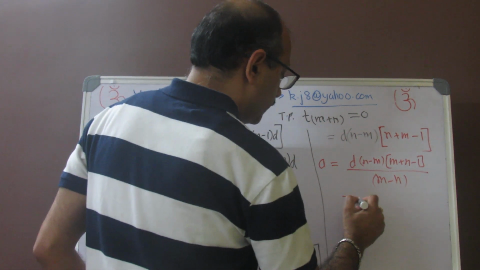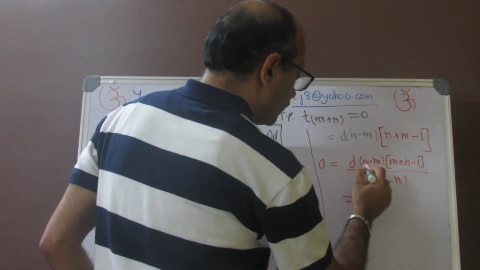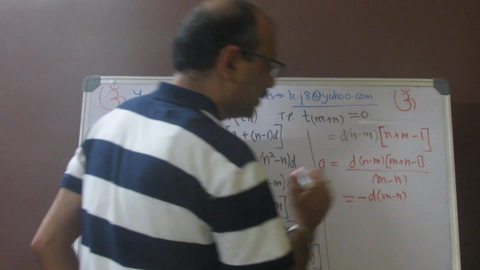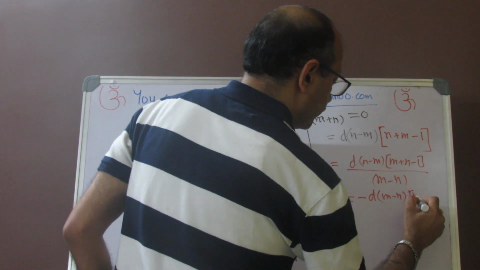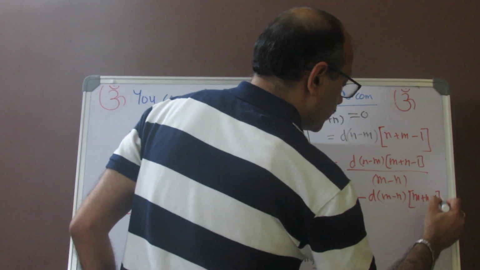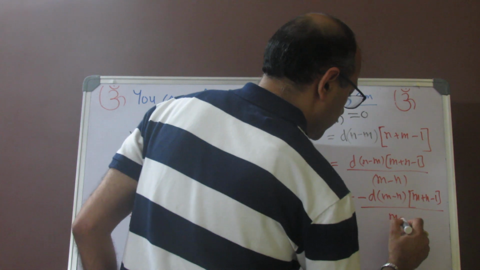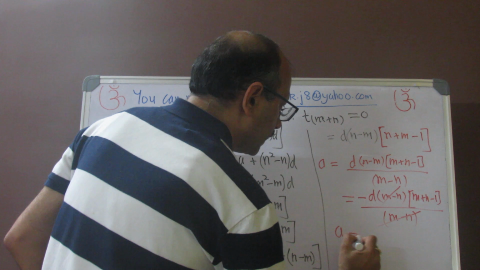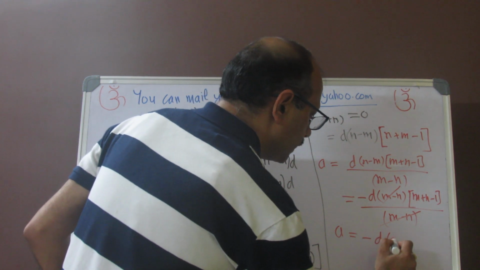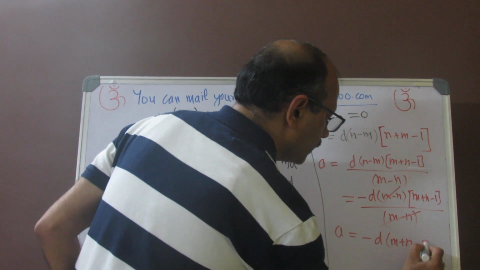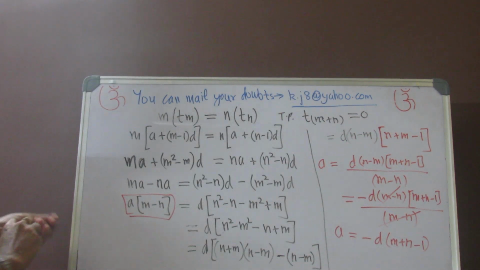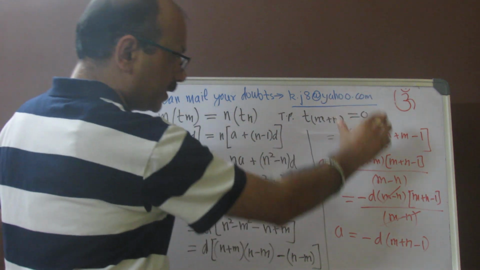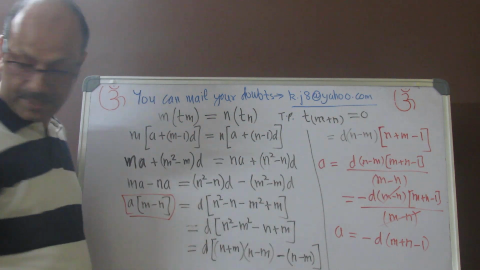So we will get minus D, and by taking minus common, this becomes M minus N multiplied with M plus N minus 1 divided by M minus N. So the value of A is minus D into M plus N minus 1. Okay, it is same question, just with M and N. It seems complicated, but if we follow, it is simple.